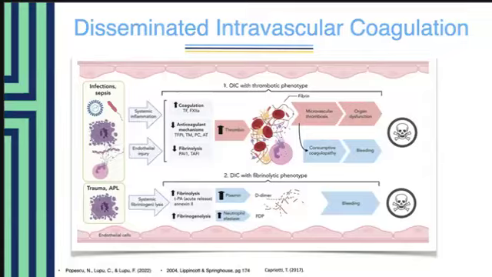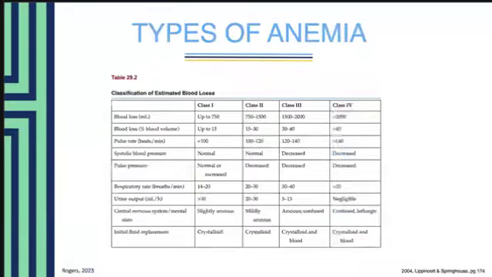Supportive care for organ dysfunction or failure due to the clotting or bleeding complications as well. Remember that primary goal is to stop the ongoing coagulation process and replace that depleted clotting factors and platelets, and that helps manage any bleeding or thrombotic event until the underlying cause is resolved.